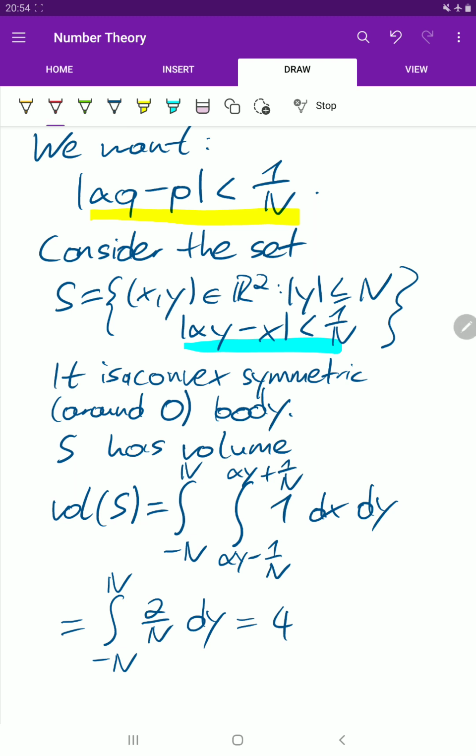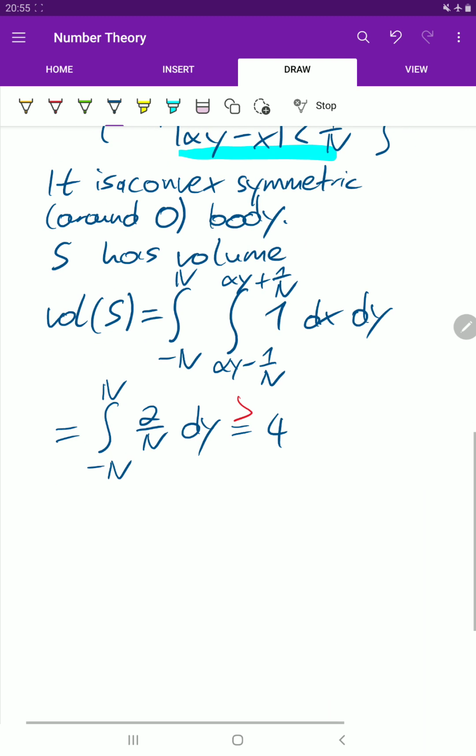We will see in a moment that we want something bigger than 4, so now let me tell you what small changes you have to do. We want something bigger than 4, so we will do a +1/2 here, because when we're looking for integer points, +1/2, we could also add something else, doesn't really matter. This won't really hurt us, and let's call it S tilde, and then this will replace the equals 4 by a greater than 4, and this is what we want.